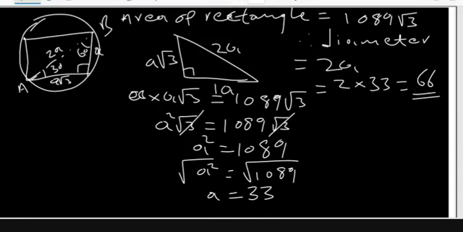The length of the diameter of the circle is going to be equal to 66 units.